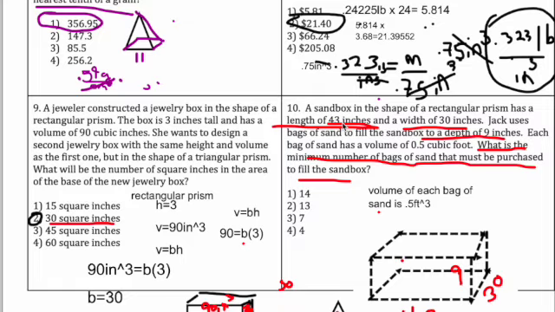Okay, and now I'm starting to see, this is inches, and the bags are in feet cubed. So I need to have this also in feet cubed. I can figure out the volume first in inches and then convert it to feet cubed, which is actually what I'm going to do.